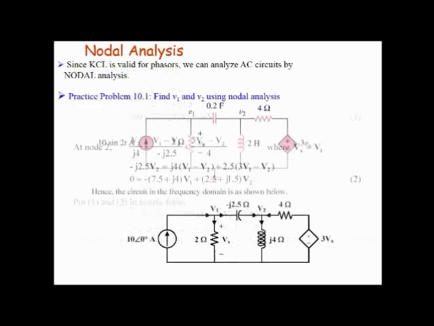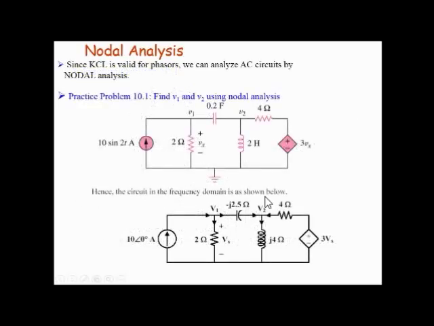Again you can see from the circuit diagram how it has been written for V2: (V2 minus V1) by minus j2.5, V2 by j4, and (3Vx minus V2) by 4.